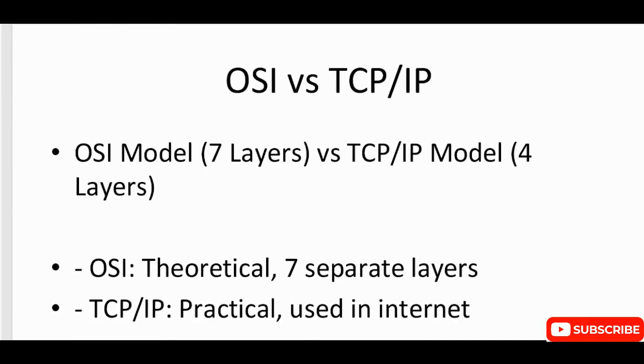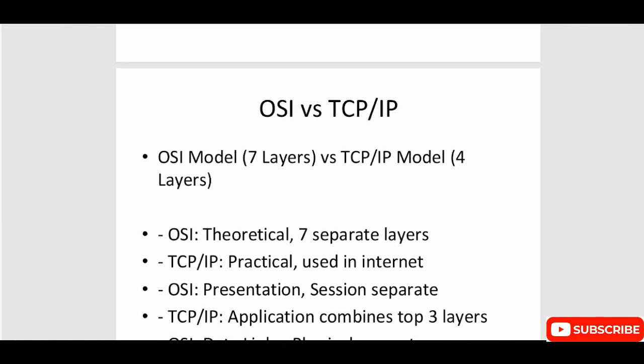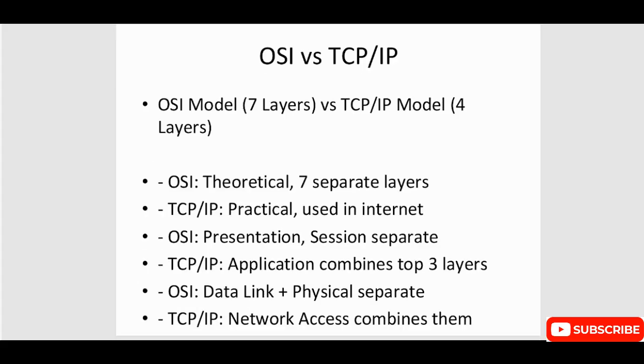So let's discuss the difference between the OSI and the TCP/IP. The OSI model, as discussed, has 7 layers, and the TCP/IP model has 4 layers. OSI is theoretical, with 7 separate layers.